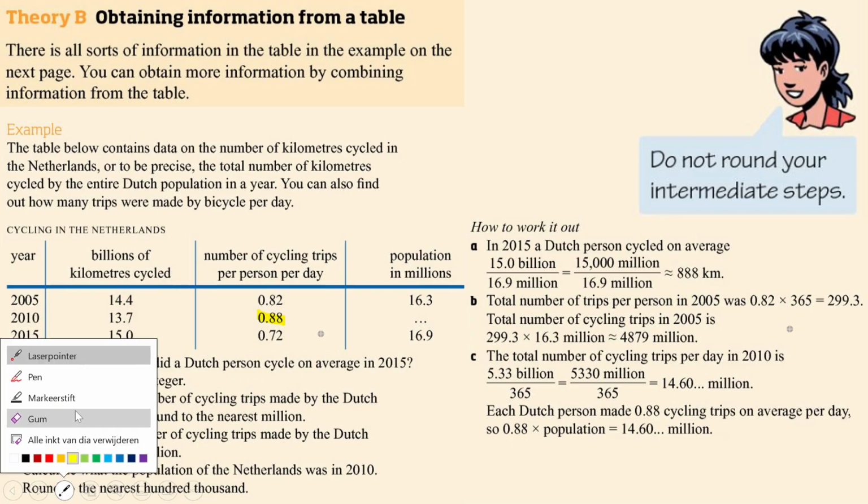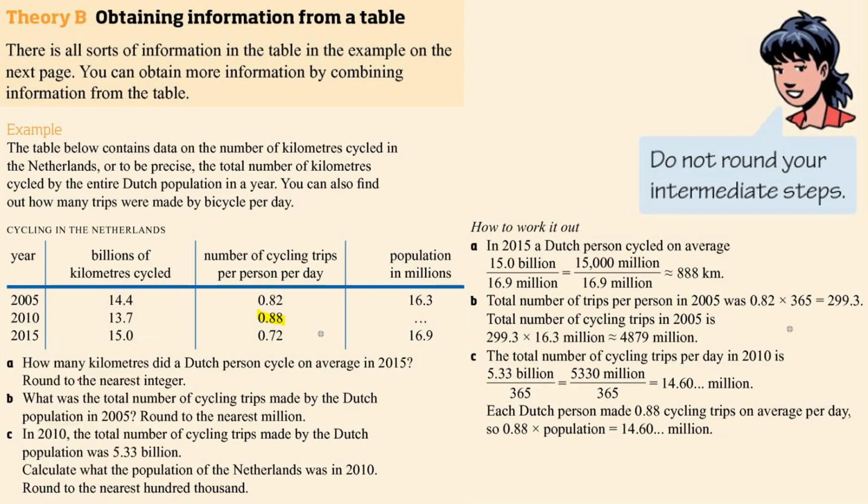But if I would give you instead this, 0.88x is 14.60, then we now know how we can get the population, in this case x. Yeah, x is 14.60 divided by what's in front of x, so divide by 0.88, and then you can round that.